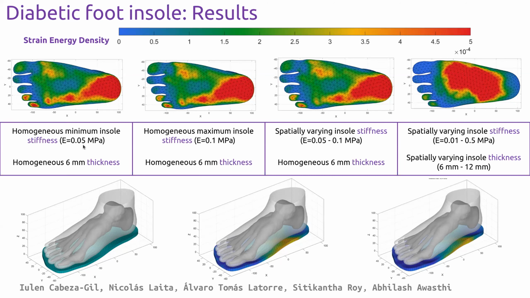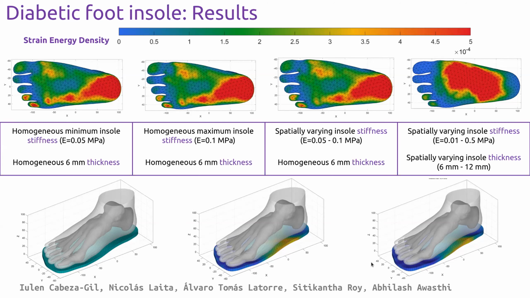There were 2 cases where the stiffness was homogeneous, and there was also a third case where the stiffness has a spatial variation, so that the insole was stiffer at the central part of the foot, where there is much more soft tissue, and softer at the parts where the bone is closer. And what we saw is that the results for these 3 cases were pretty similar, even for the spatial variation stiffness case.